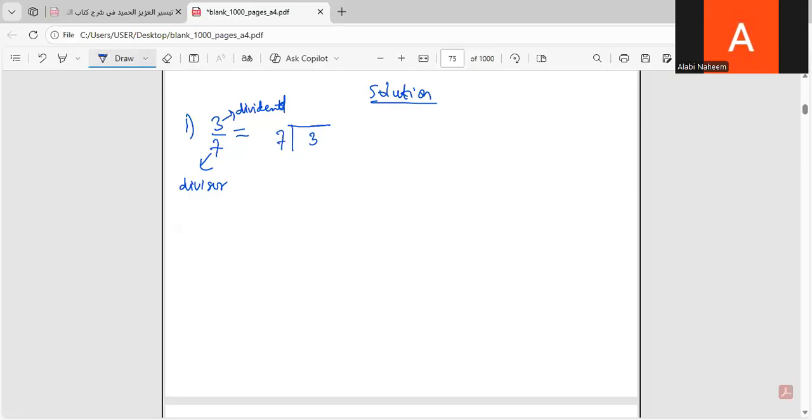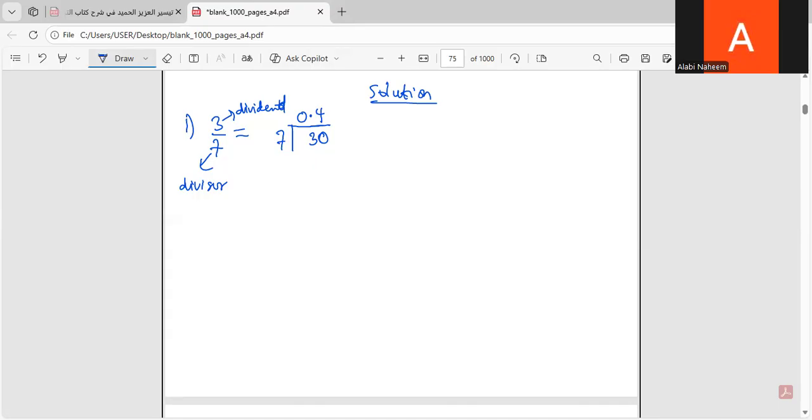So let's divide. 7 in 3. Since 3 is less than 7, we simply write 0, then a decimal point, then we add the 0 here. 7 in 30, that's 4, right? Because the highest multiple of 7 before 30 is 28. 7 times 4 is 28, 7 times 5 is 35.